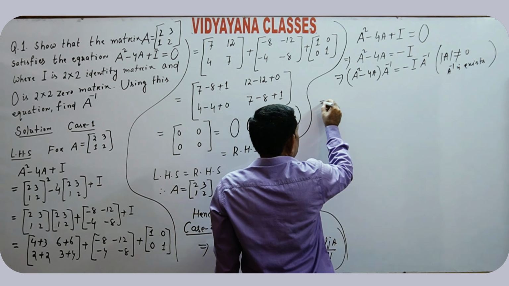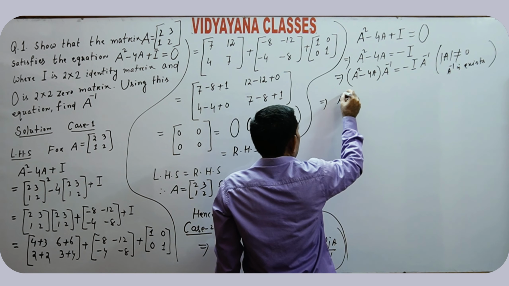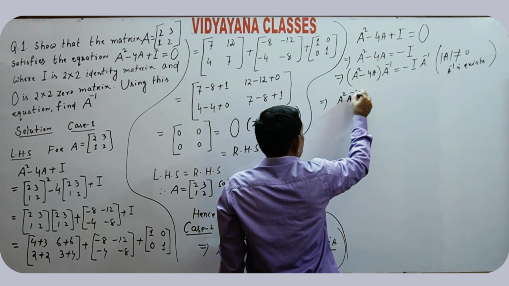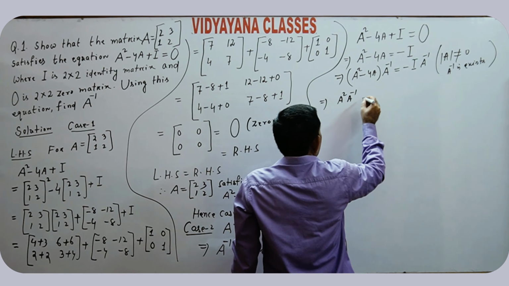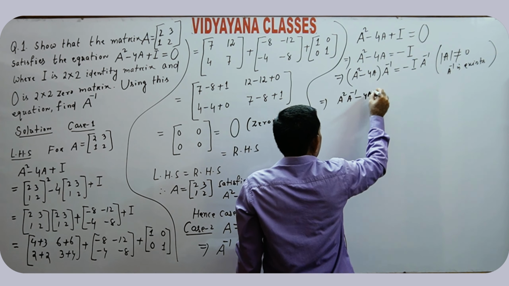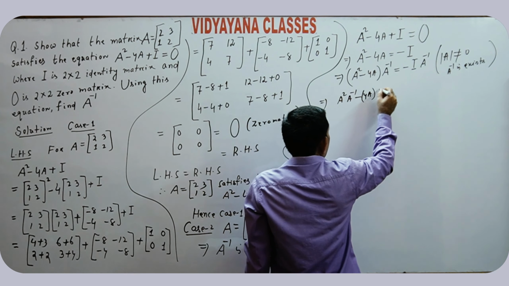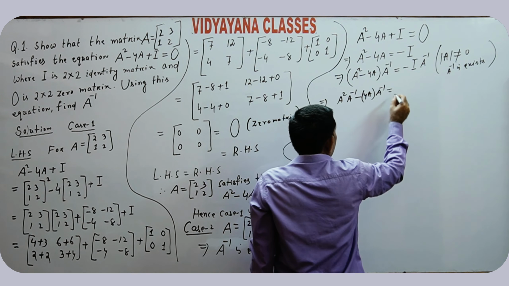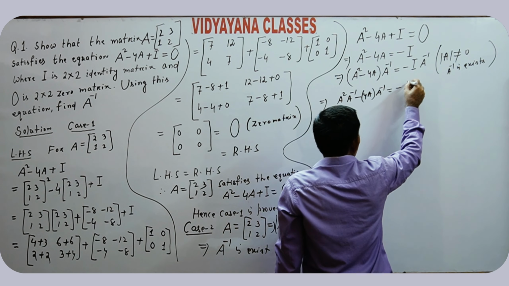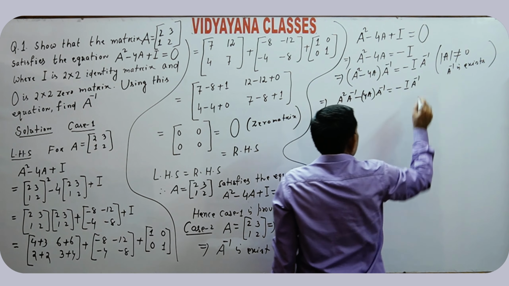Which is the same as A square into A inverse minus 4A into A inverse, which is equal to minus I into A inverse.